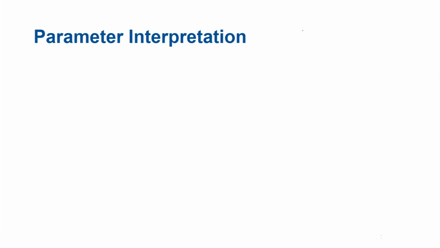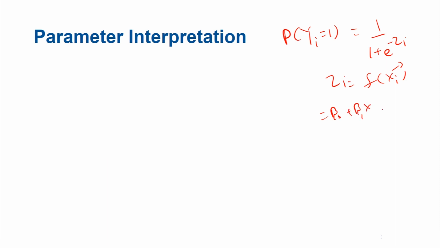Why this is important is because remember our Logit function, which is essentially the probability that yi equal to 1, is reflected as 1 upon 1 plus e to the power minus zi, where zi was a linear function of xi's. This is a vector of various x's. So it will be something like beta naught plus beta 1 x1 plus beta 2 x2 and so on up till beta n xn plus the error term.